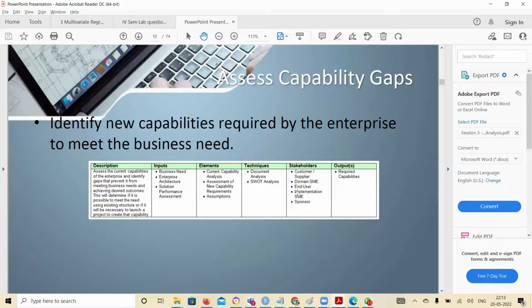You will go and read the documents that were written by the previous BA. If you want to understand what the system does, you will refer to the previous documents, which will tell you whether you are able to meet the requirement or not. So you are reading the documents created by previous BAs and seeing what more needs to be done.